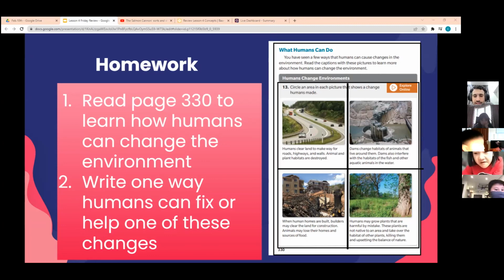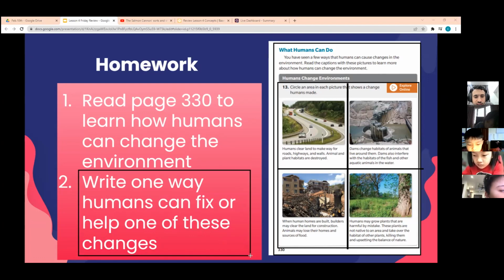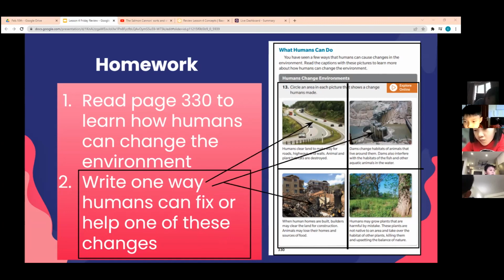What I want you guys to do is then write one way that humans can fix or help one of these changes. Choose one and come up with a fix or solution to this problem. This time I want you guys to write down your idea.